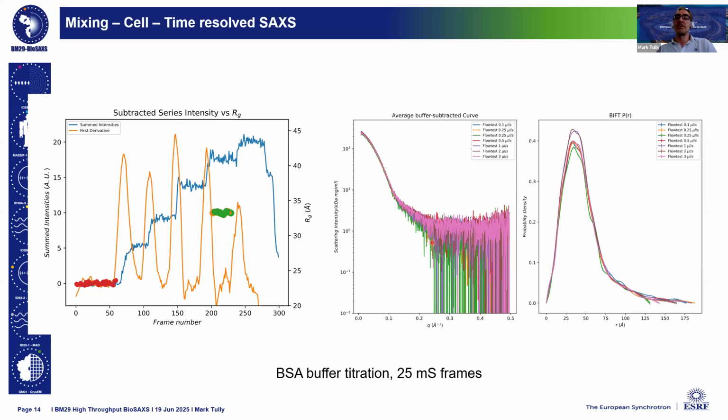So we can envision using this as a time-resolved SAXS experiment, maybe a ligand binding experiment, and actually seeing structural changes in the 10s to 20s of milliseconds. Or we can maybe change pH or salt concentrations, and maybe see phase separation or liquid phase separation happen in real time.